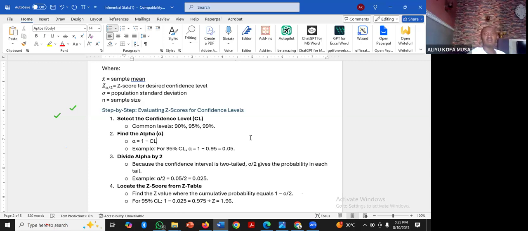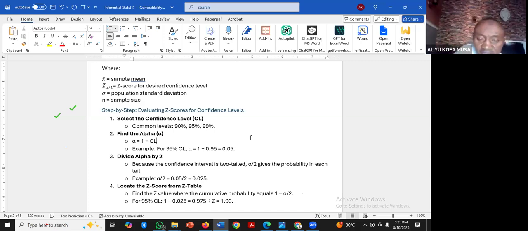Please, let's be guided. It's very simple, but you have to pay attention. I want to calculate my alpha. My alpha is the same thing as 1 minus CL. Mind you, CL is confidence level, and these are constants.